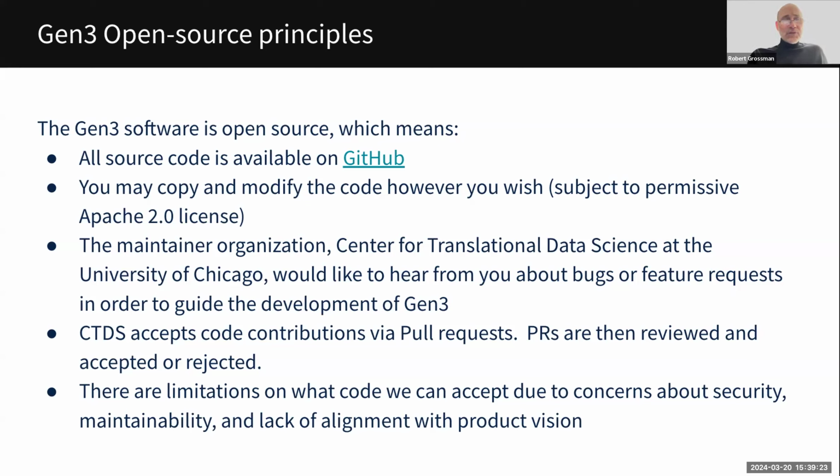And to start the process, as you'll hear, to share testing apparatus so that it's easier for the community to test code, and to make it easier for the maintainer organization, the University of Chicago Center for Translational Data Science, to bring that code back into the code base.